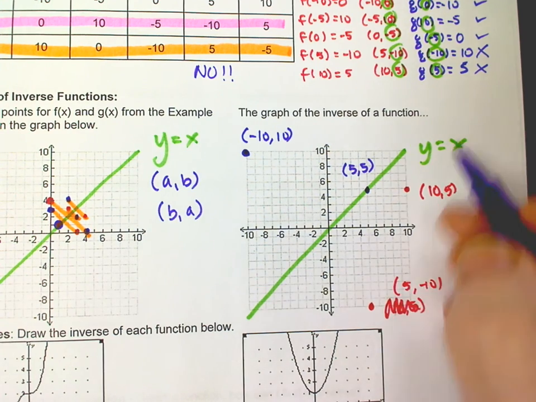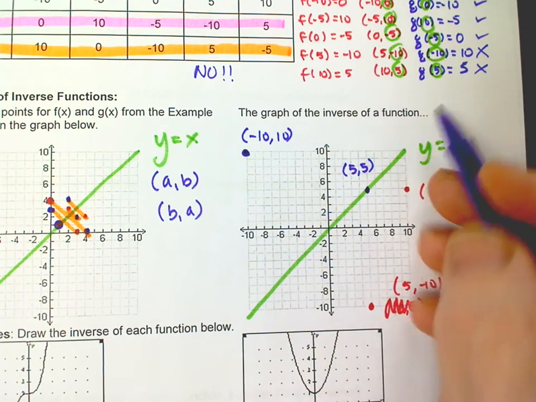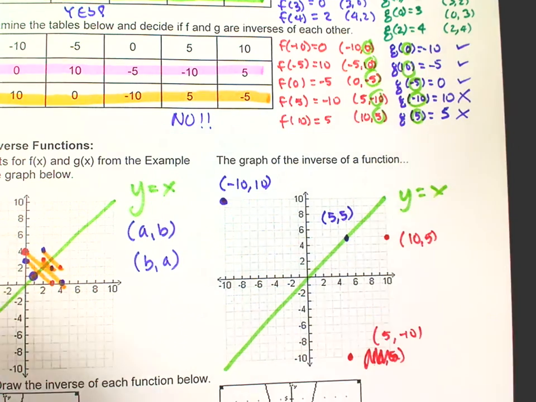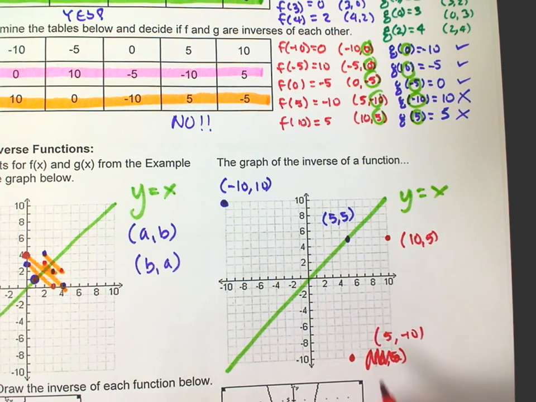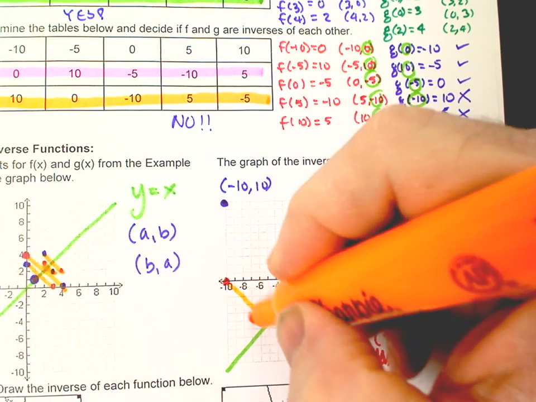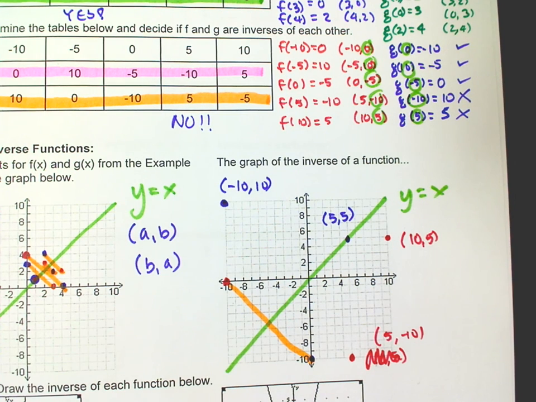Okay? The other ones would have. You can see the 0, negative 10, and the 0, negative 10 would have been negative 10, 0, and 0, negative 10. Those would have looked nice and wonderful. But again, all it takes is 1 point for this not to be a function.